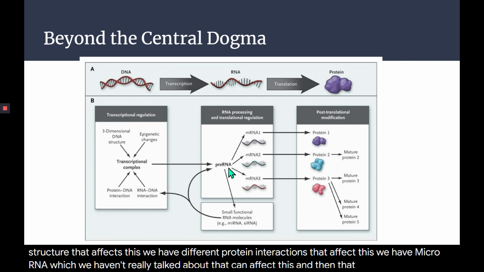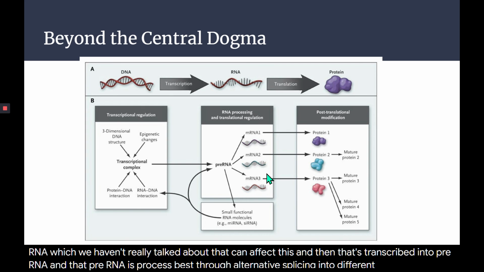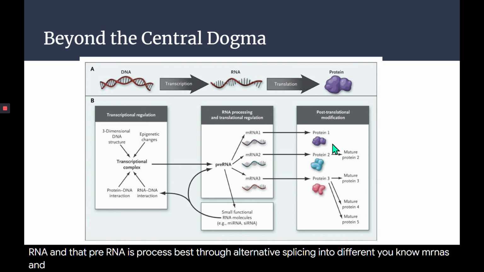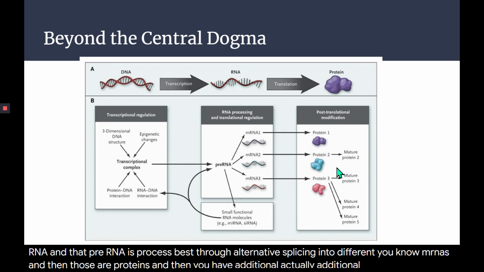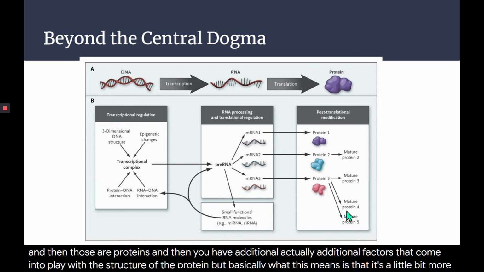And then that's transcribed into pre-RNA, and that pre-RNA is processed through alternative splicing into different mRNAs. And then those are translated into proteins. And then you have additional factors that come into play with the structure of the protein. But basically, what this means is that it's a little bit more complex than Mendel's pea plants.